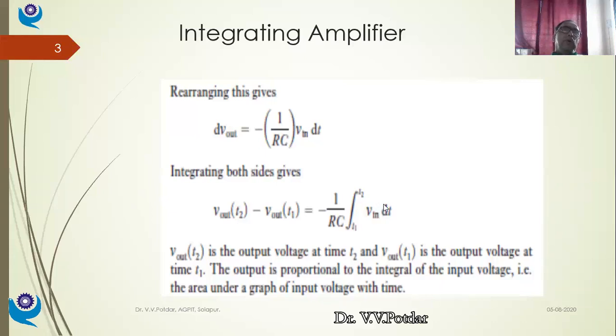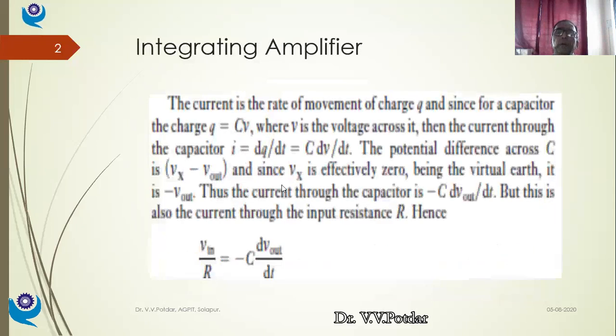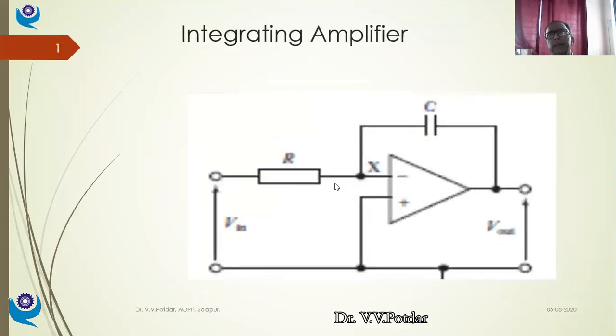So when I use this OpAmp as an integrator in my control circuit, what I'm doing practically, I'm giving some input, and what I want is at the output end of the OpAmp, suppose the temperature signal is converted by the thermocouple into a voltage signal.